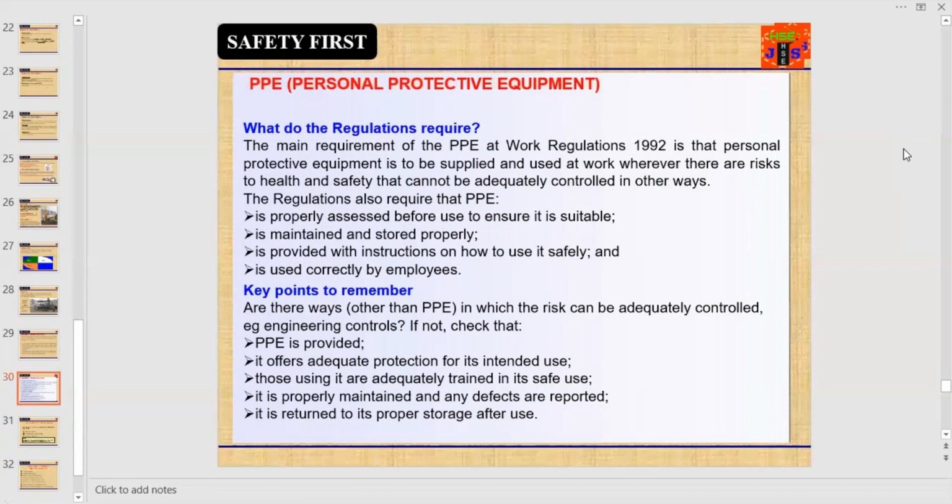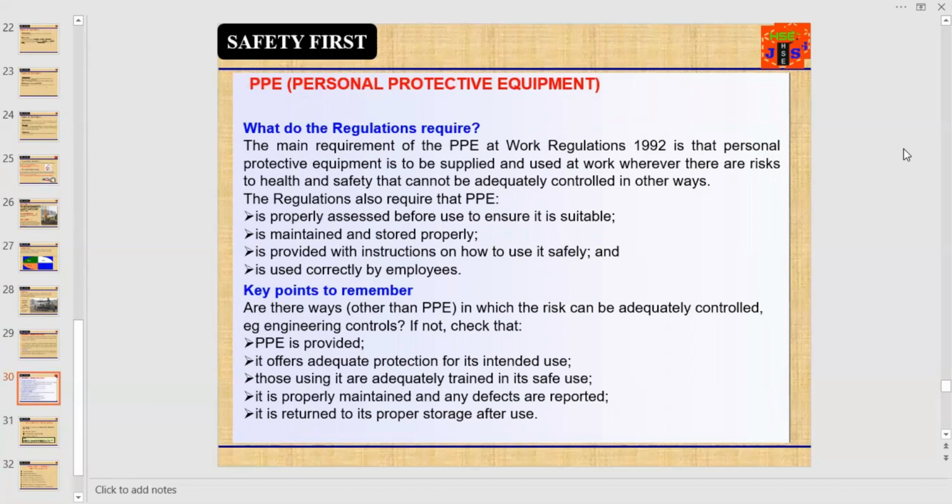Do you know what the regulation requirement related to personal protective equipment is? The main requirement of the PPE at Work Regulations 1992 is that personal protective equipment is to be supplied and used at work wherever there are risks to health and safety that cannot be adequately controlled in other ways.